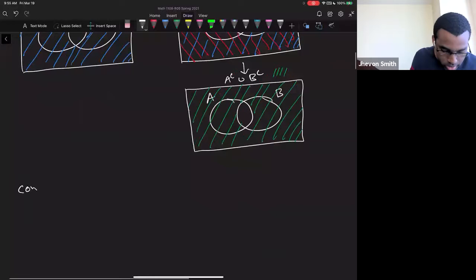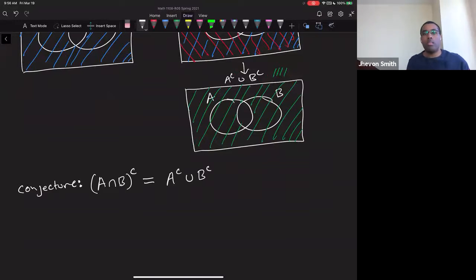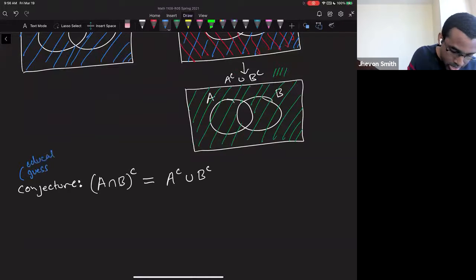So conjecture would be, these guys are equal. If I take the complement of an intersection, it is the same as taking the union of the individual complements. We would conjecture that they're equal. Conjecture is just a fancy mathematical word for a guess. It's an educated guess.